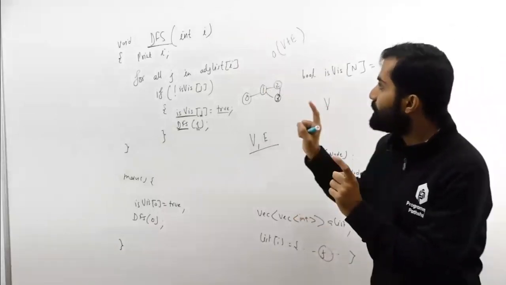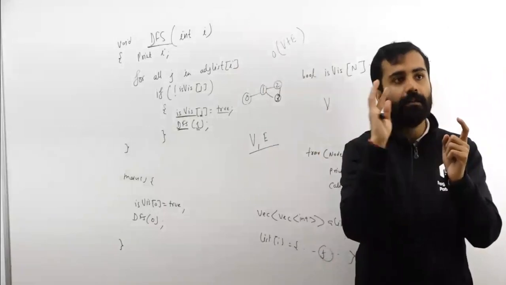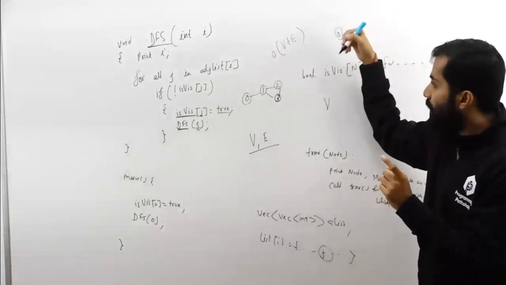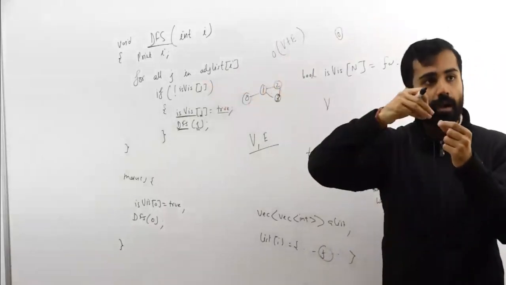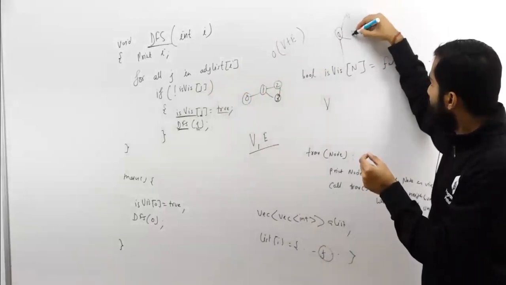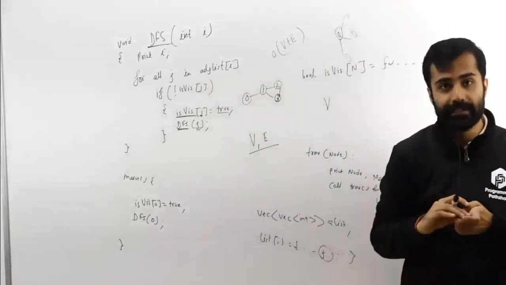Now, let's say you are at a particular node, which is this. You need to figure out which nodes are directly connected to it, so that you can make your calls for them.